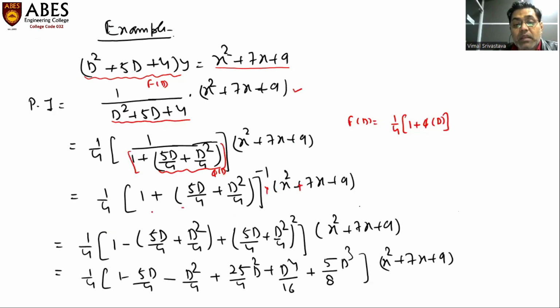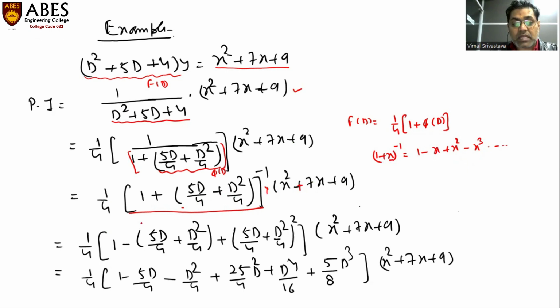Now we will expand this expression by the binomial theorem, as we know that the expansion of 1 plus x raised to power minus 1 is 1 minus x plus x square minus x cube and so on. In our case, in place of x, we have 5D upon 4 plus D square by 4.